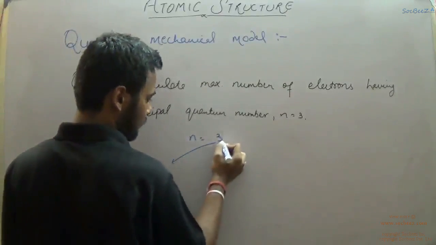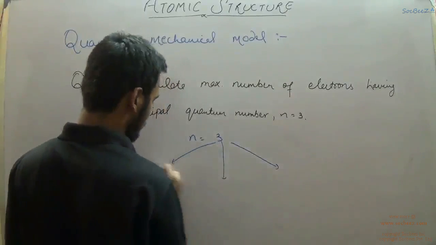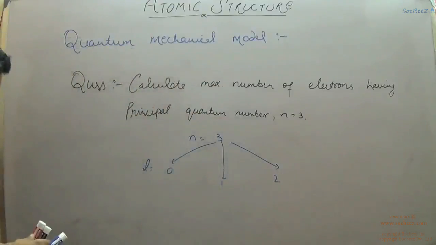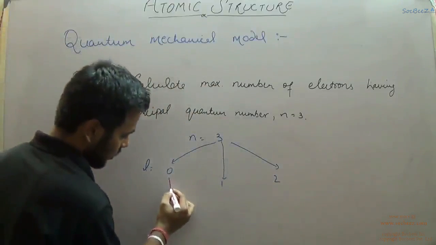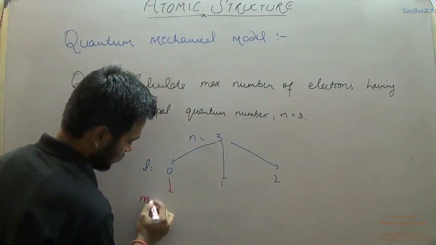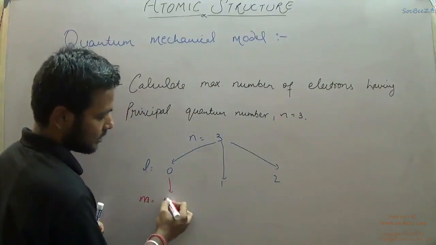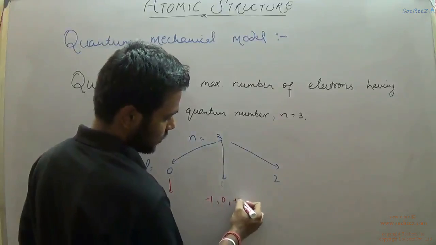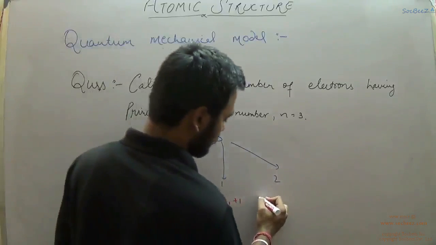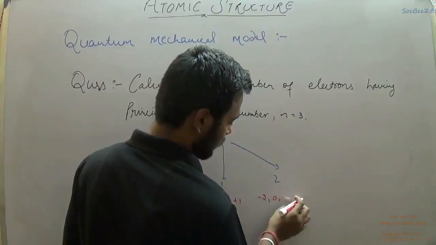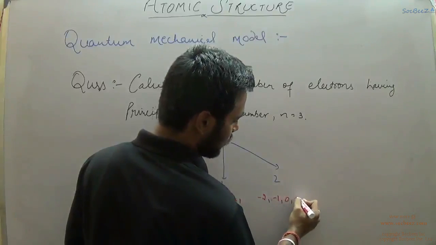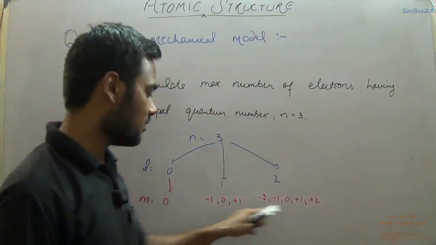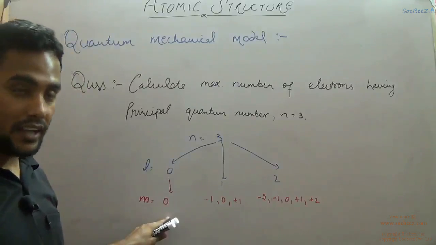So n equals 3 means l equals 0, 1, 2. For l equals 0, m equals 0. For l equals 1, m equals -1, 0, plus 1. And for l equals 2, m equals -2, -1, 0, plus 1, plus 2. So there are in total 5 plus 3 plus 1, that is 9 orbitals.